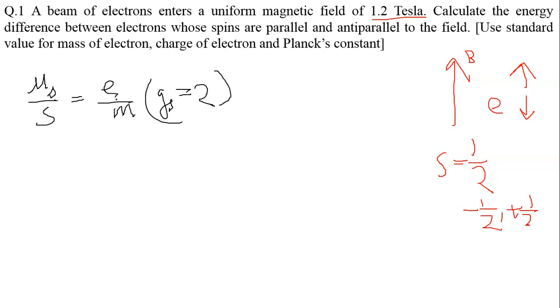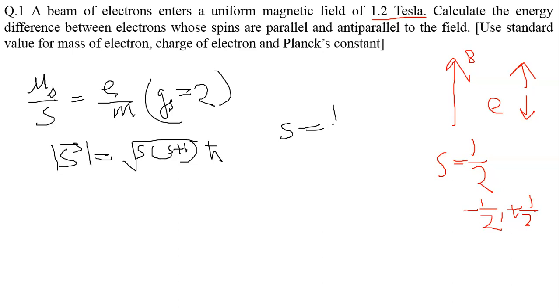So mu s by s is equal to 2e by 2m, and the s vector mod is given by root of s into s plus 1 times h cross. So here, to calculate the energy difference between the electrons, for electron S is equal to half.